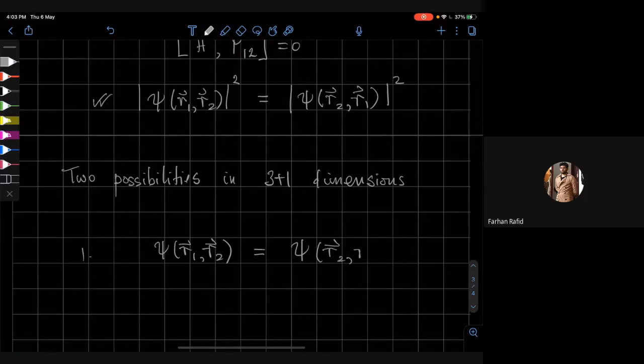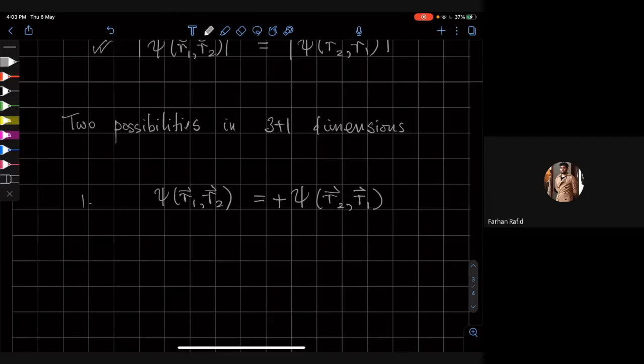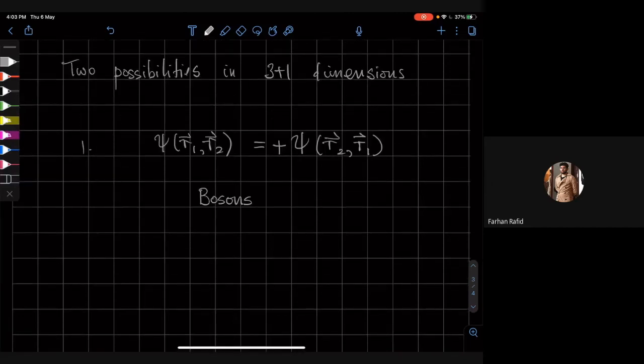In other words, the wave function is symmetric under the exchange of these two particles. So this sign is plus. Particles which behave in this way have to be bosons, so two-particle boson wave functions must be symmetric.